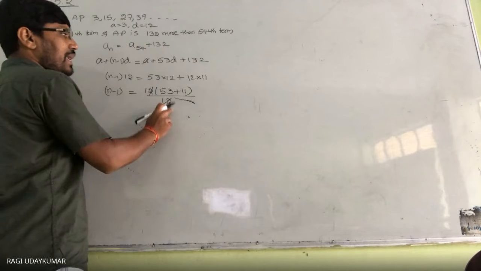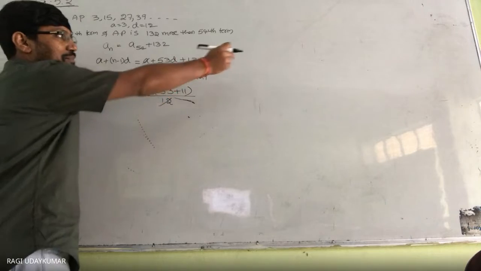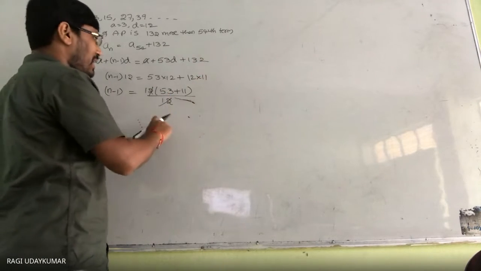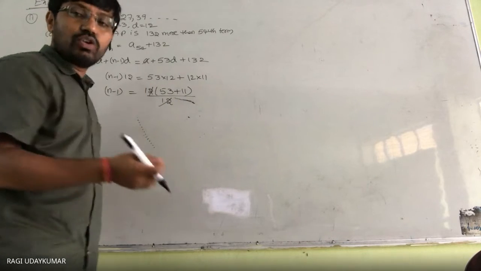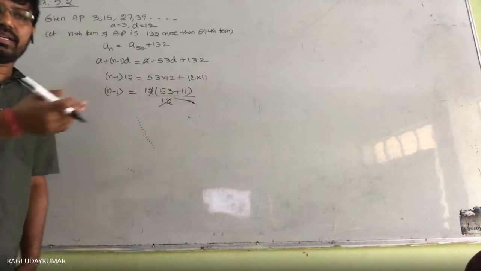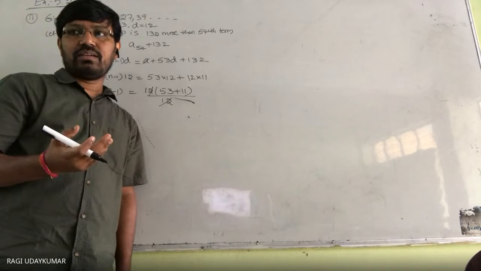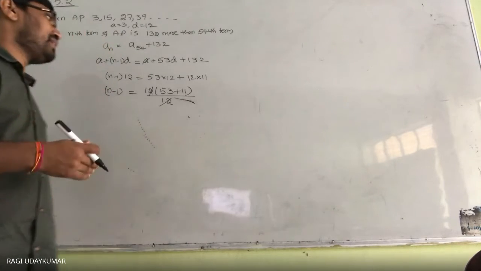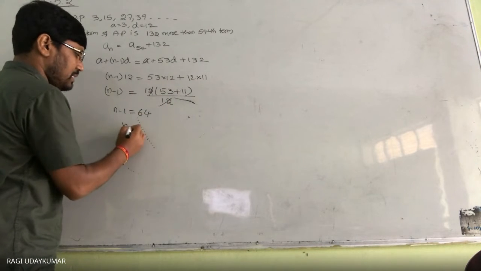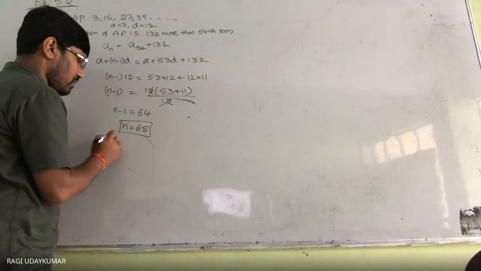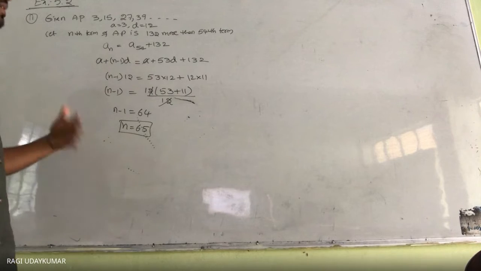Normally you would multiply 53 by 12, add 132, and again divide by 12. But we know 132 is 12 into 11, simple numbers you need to remember as mathematics students. So n minus 1 is equal to 64, so n is equal to 65.